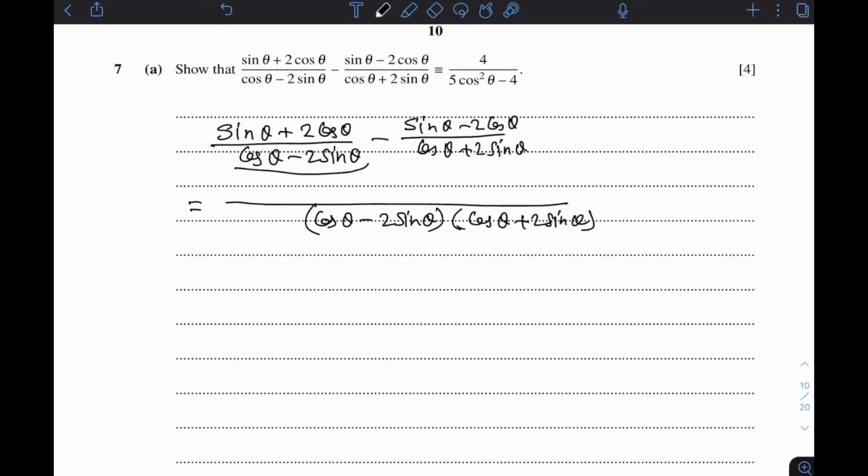Now if the first one divides this one, that time your answer will be cos θ + 2 sin θ.